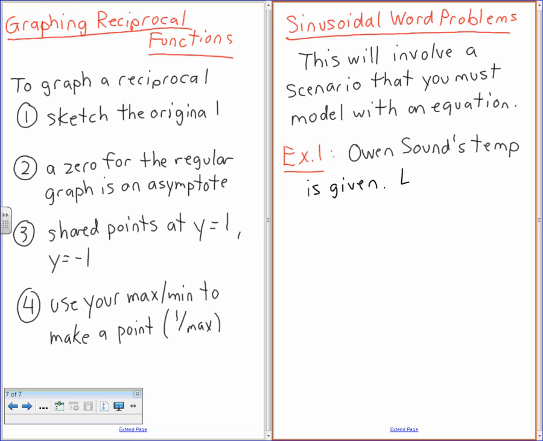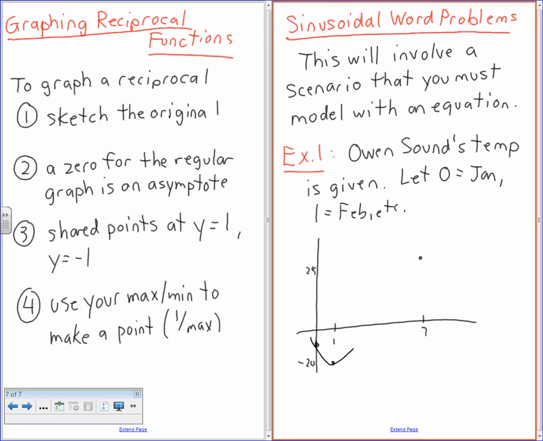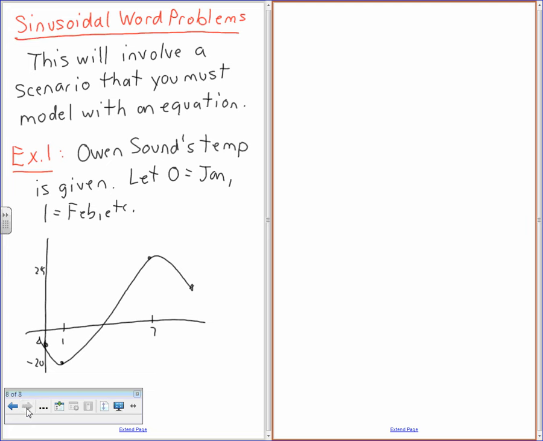I'm going to say let 0 equal January, 1 equal February, etc.